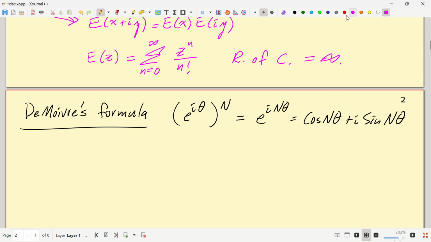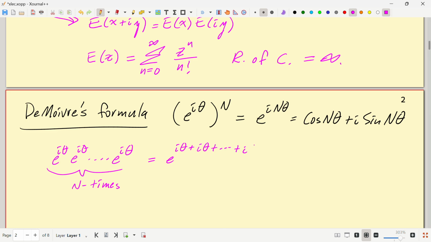The reason it's true is because e to the i theta times e to the i theta, n times, is going to be e to the i theta plus i theta, etc., n times. And of course, that's e to the i n theta. Check. So the basic facts imply the famous formula.